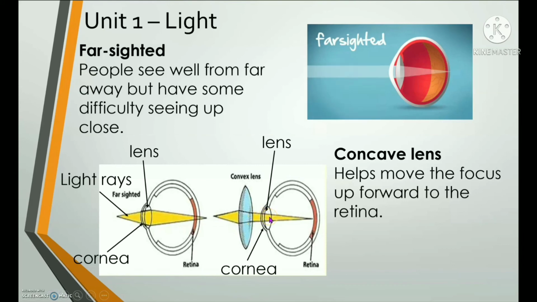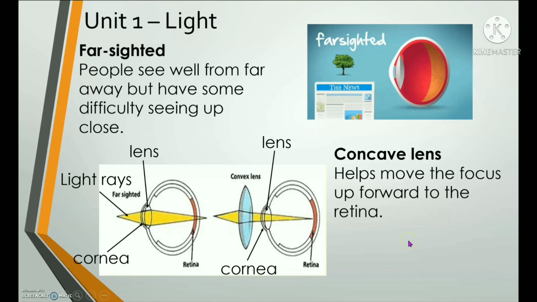Then passing through the lens, the light will be bent more, striking the retina. So the farsighted person can now see clearer up close. Okay, because the lens helps move the focus forward to the retina. So it's in the right focus already.